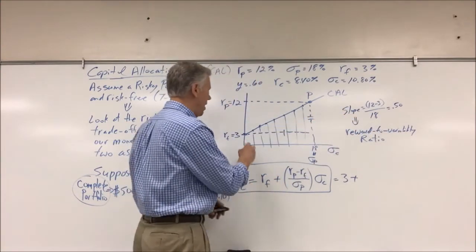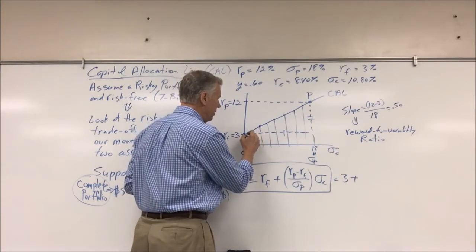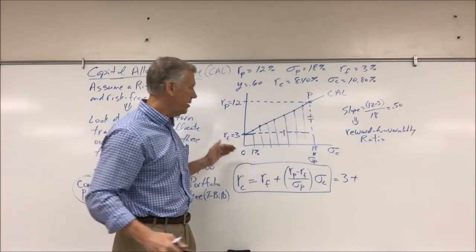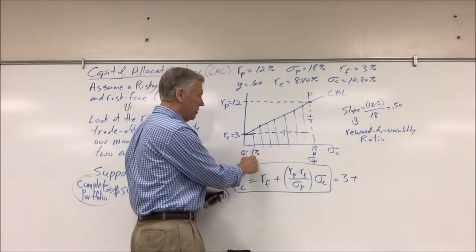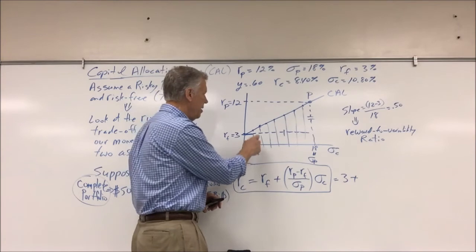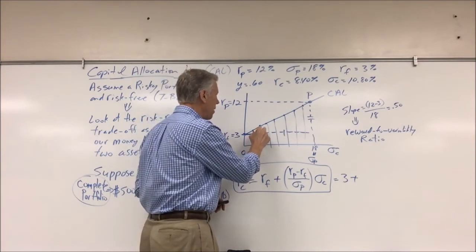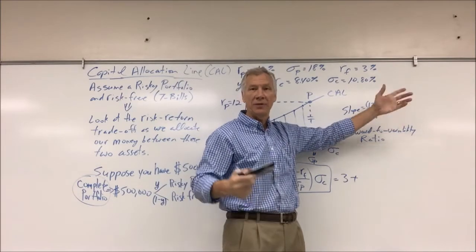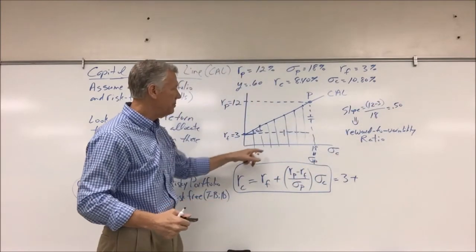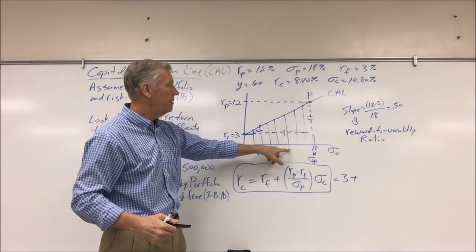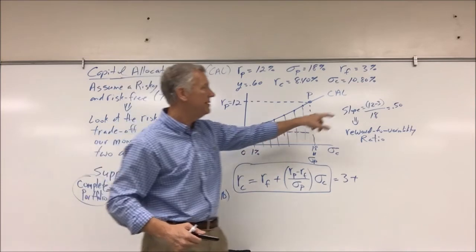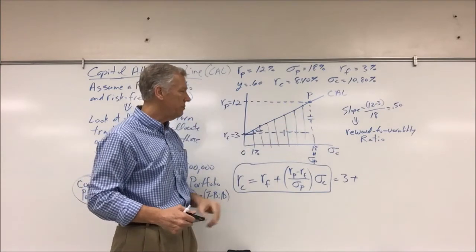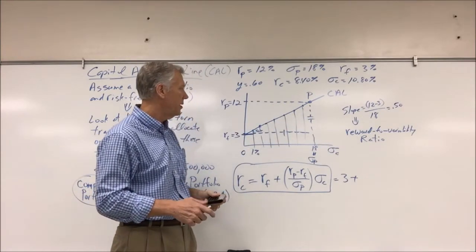If I increase my risk by 1 unit, and our units in this case are percentages, if I increase my risk by 1%, my rate of return increases by 0.5%. That's the definition. If I increase my risk by 10%, then my rate of return will go up by 10 times that, by 5%. That's what it's measuring. That's the interpretation for this right here.